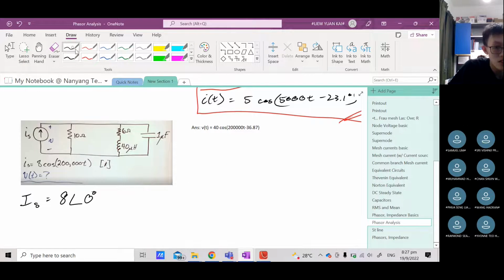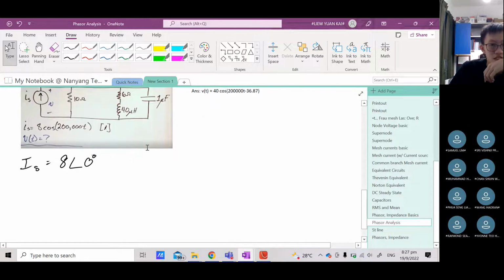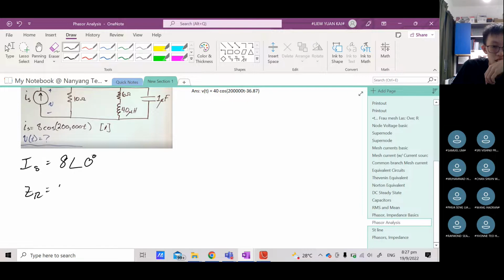Next, I now need to find the impedance of each of the devices. For the resistor, it is just its resistance. Because there are 2 resistors, let me be specific: let me call this Z10 ohms, and this Z6 ohms, which is 6 ohms.